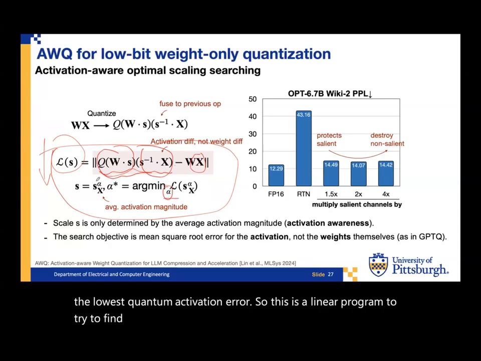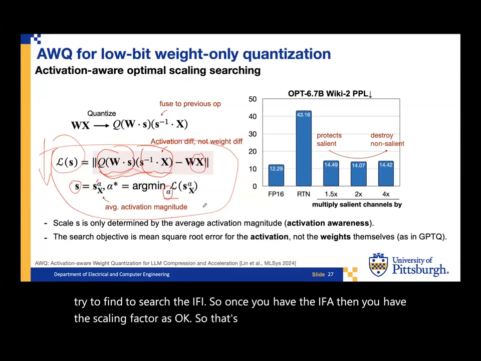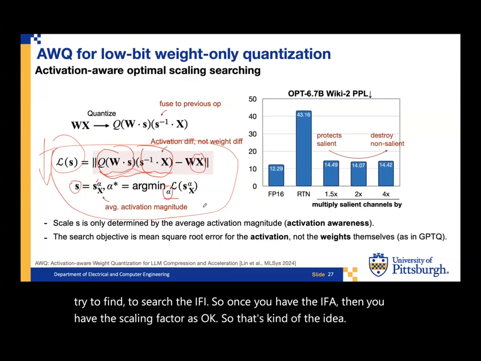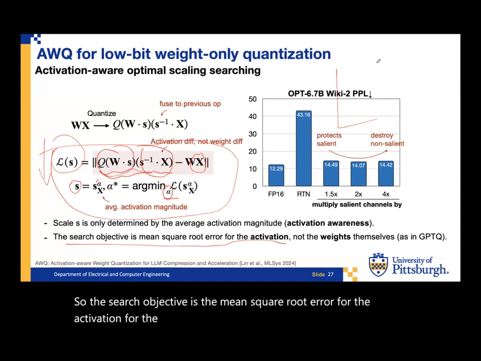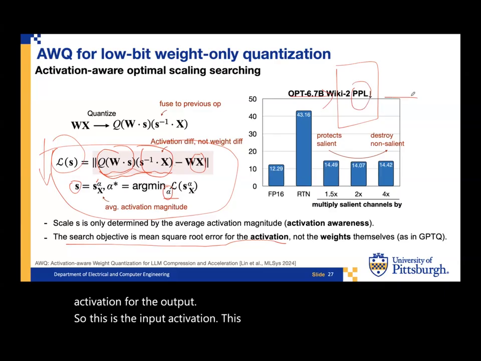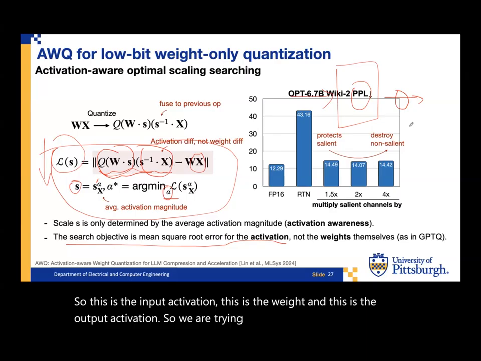Once you have the alpha, then you have the scaling factor S. So that's the idea. The search objective is the mean square error for the output activation. This is the input activation, this is the weight, and this is the output activation. So we are trying to minimize the output activation error over here.